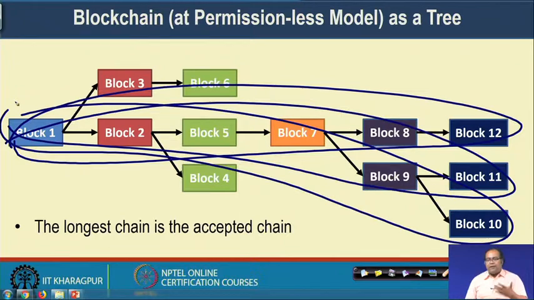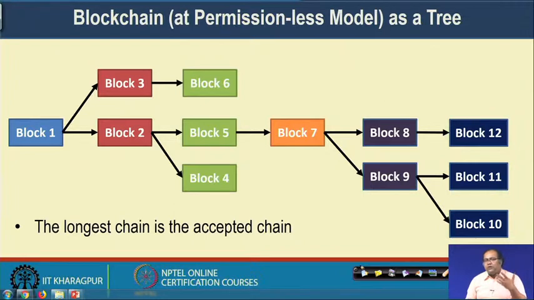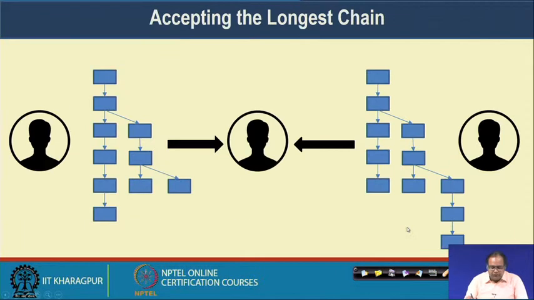Whenever a miner has this kind of option, it randomly selects one of them. Ideally, whenever people propagate the updated block to their neighbors, it is expected that some chains will get invalidated over time. The exact procedure of invalidation we will discuss when we go into in-depth discussion of these mechanisms. Now, that is the idea.